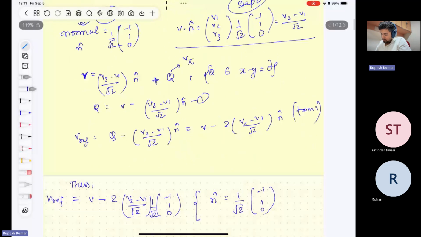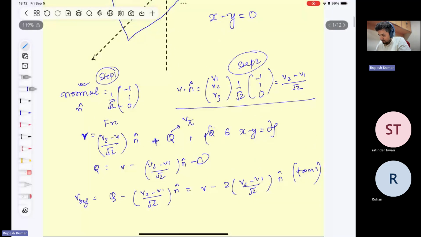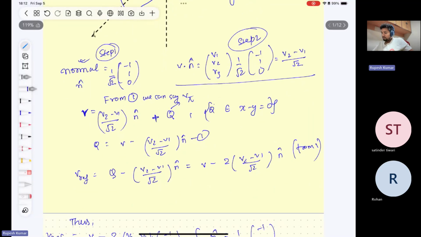From equation 1 we can say that v equals v's projection on n cap plus v's projection on pi, right? Now from here we can find v pi.